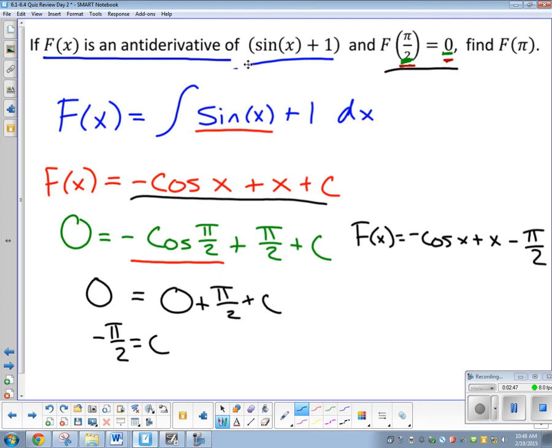Now am I done? The whole goal of the problem was to find F at pi. So I'm plugging in pi here to see what I get. Negative cosine of pi plus pi minus pi over 2.